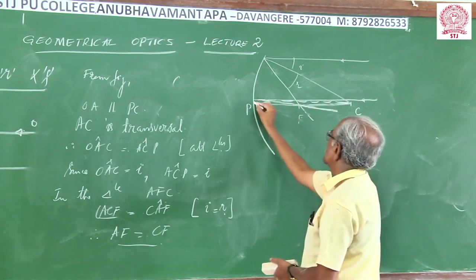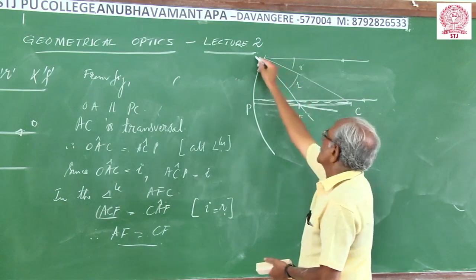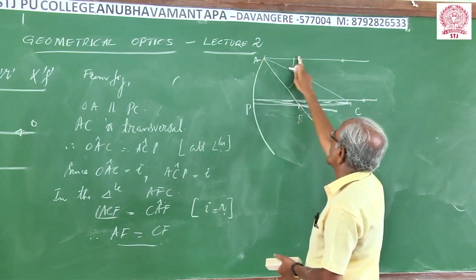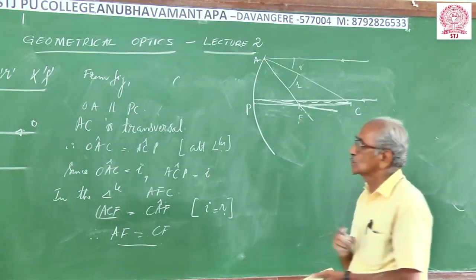Here it is found that AF is almost equal to PF if this ray travels parallel to the axis, close to the axis.